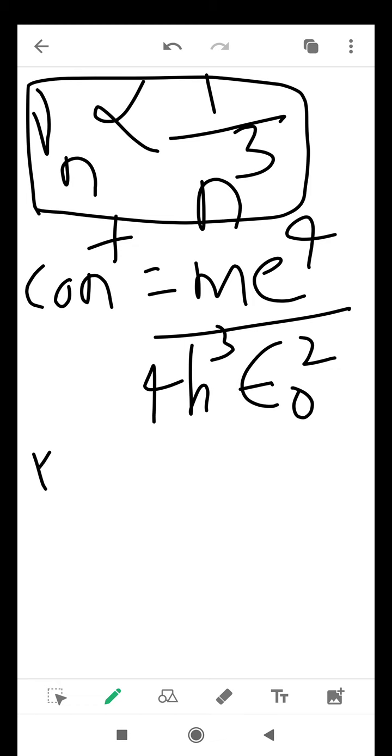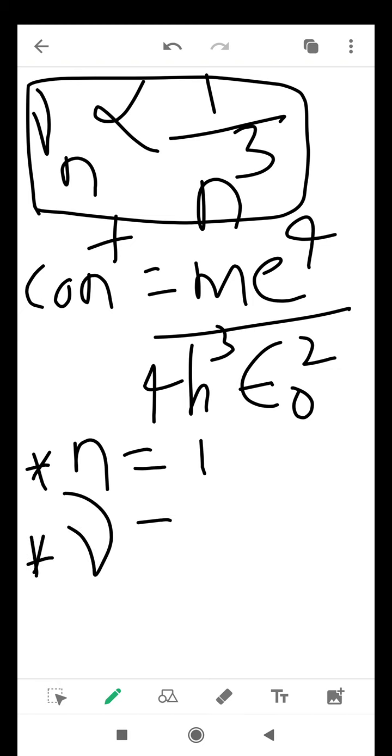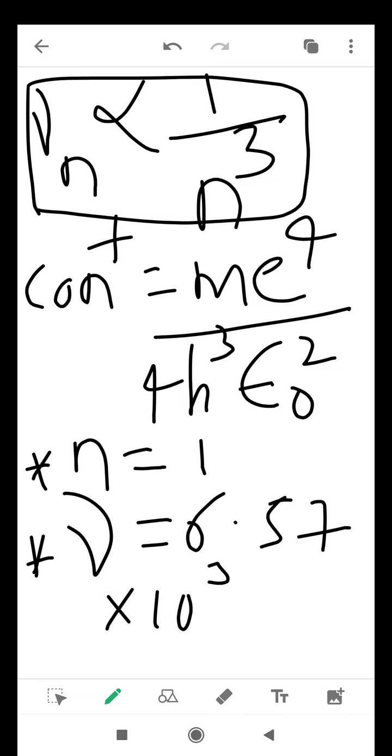Suppose I consider the first orbit, that is n is equal to 1, first orbit of hydrogen atom. The number of revolutions made per second by the electron, that is the frequency of the electron in its first orbit, by substituting all the constants and taking n equal to 1, is about 6.57 into 10 raised to 15 revolutions per second.